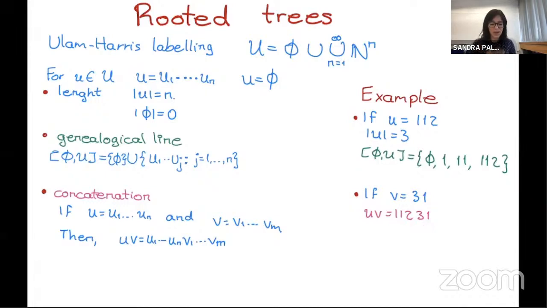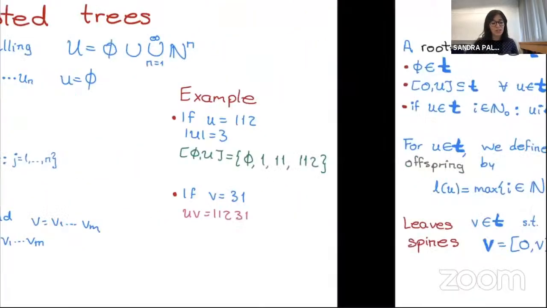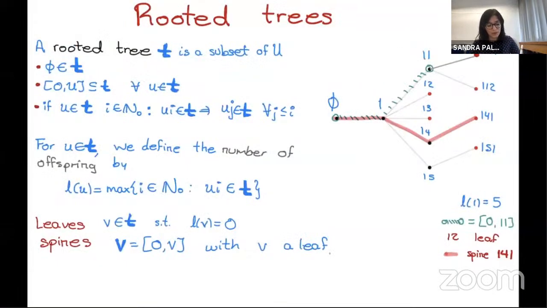Okay. So now that we have that part, we can define what a rooted tree is. A rooted tree, which we are going to denote by T, is a subset of U that satisfies 3 conditions. The first one is that it always contains the empty set.